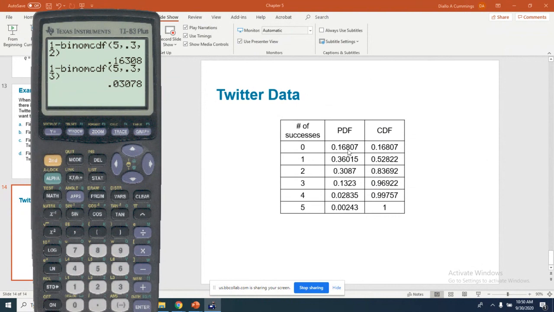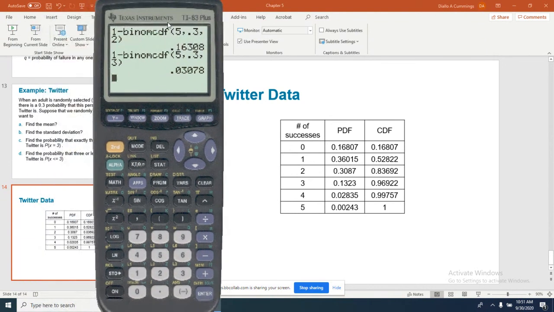In order to find the probability at 0, we would use the PDF, and this is the reason why I can use the PDF or the CDF, because the probability at 0 is 0.16807. The cumulative probability is also 0.16807. Right? So if we have 1 minus the probability of 0, that would give us the probability for 1 to 5, or in other words, that would give us the probability of at least 1.